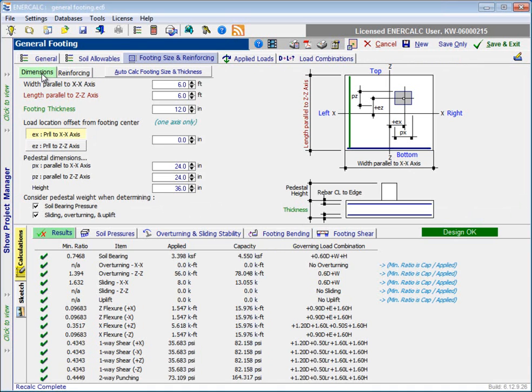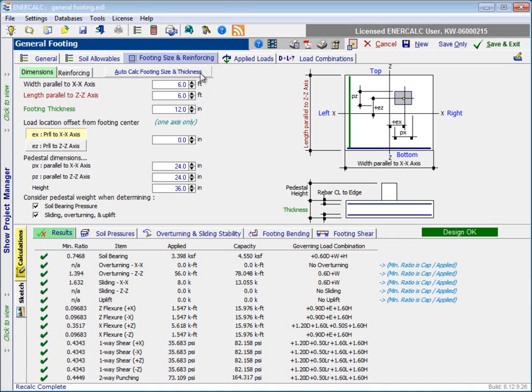Now, when it comes to trying to optimize this footing design, we happen to have a situation right now where all of the checks are showing green, and that's simply because I arbitrarily came back in here when we were looking at footing shear and I bumped up the footing size to something that was large enough that would produce a meaningful one-way shear value. But there's really no guarantee that what I've done here is an efficient design.